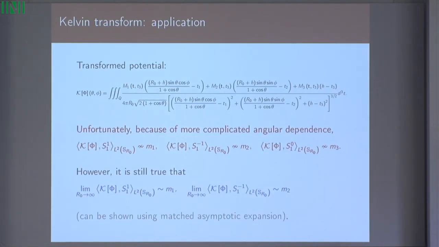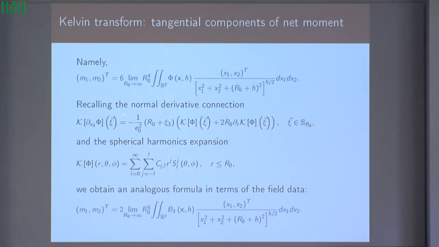Well, the normal third component doesn't survive this. So in particular, this proportionality would be made more precise. M1, M2 will be given in the form of this limiting integral, and that was if we had the data for the potential, but we can lift it up to the realistic data for the field, which is the derivative of the potential, because of the connection formula that I showed you before.